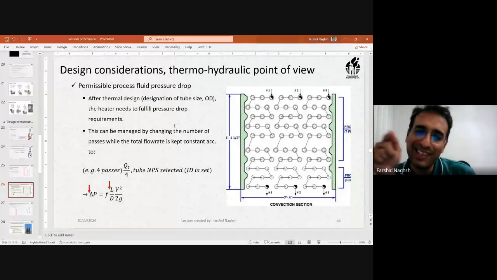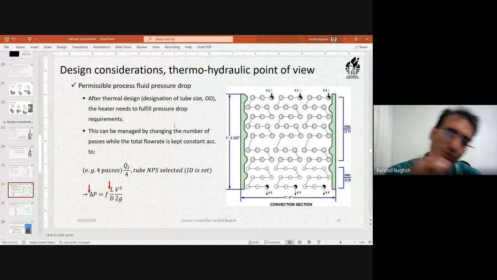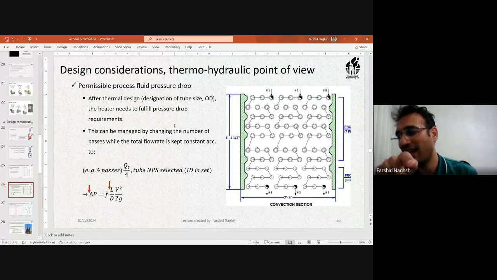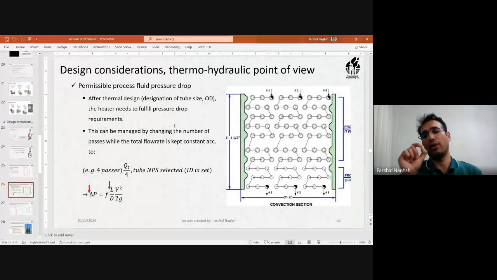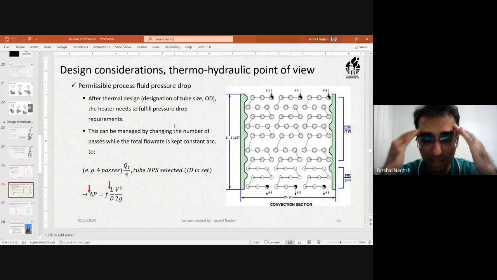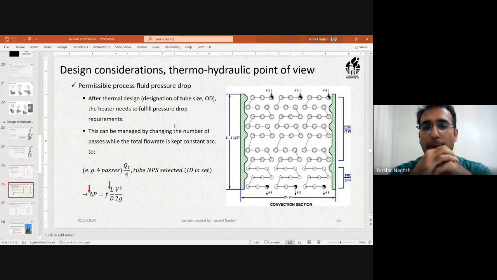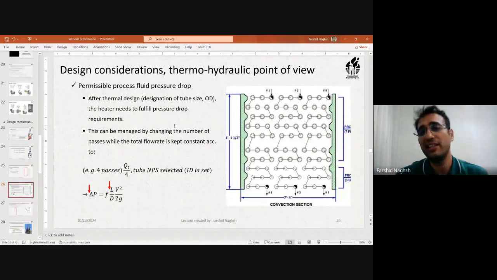If you enter a fluid in the convection section, and this fluid passes through all the tubes, and then at the end gets out from one of the tubes, you probably will have a lot of pressure drop. Normally, one of the limitations imposed on the heater designer is the maximum pressure drop.